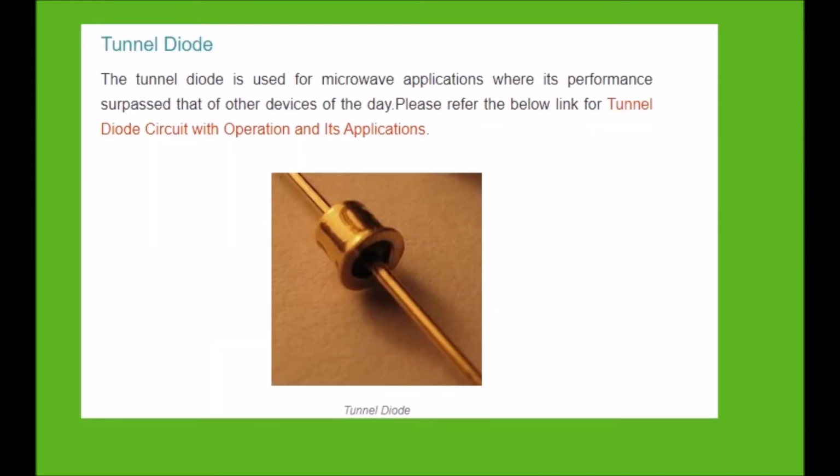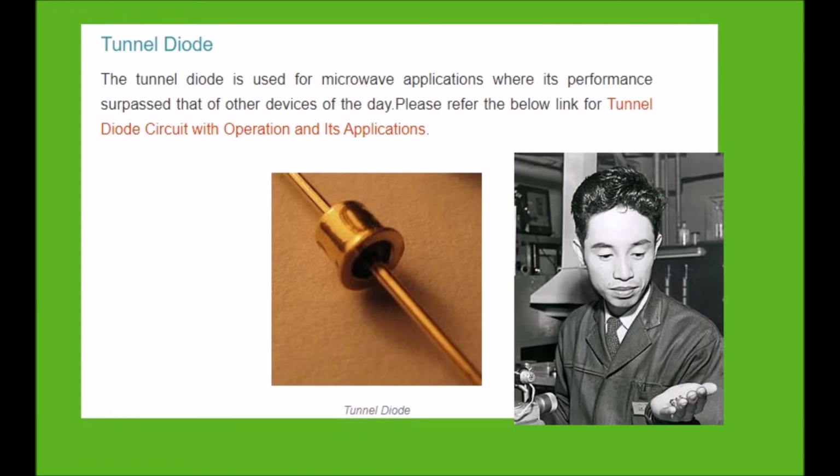A tunnel diode, or an Esaki diode, is a type of semiconductor diode that has effectively negative resistance due to the quantum mechanical effect called tunneling. It was invented in August 1957 by Leo Esaki, Yuriko Kurose, and Takashi Suzuki when they were working at Tokyo Tsushin Kogyo, now known as Sony.